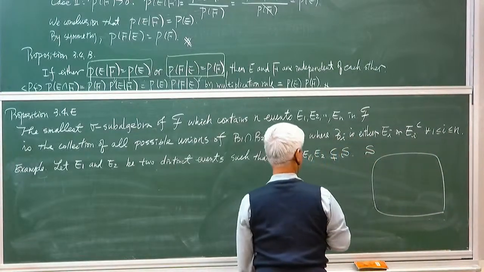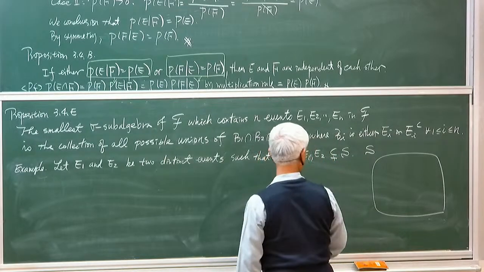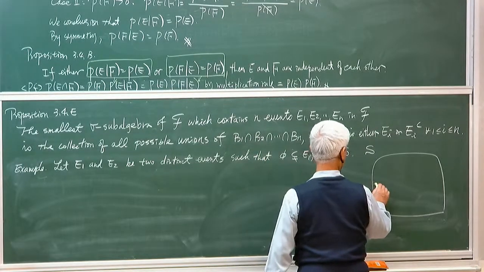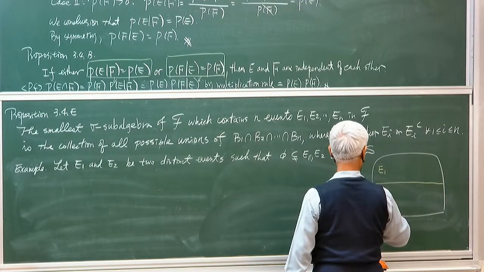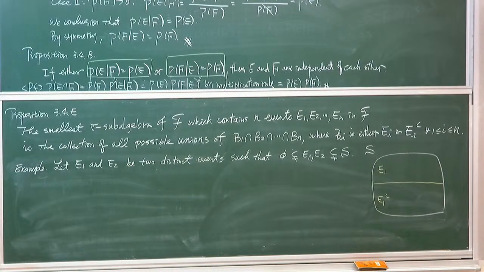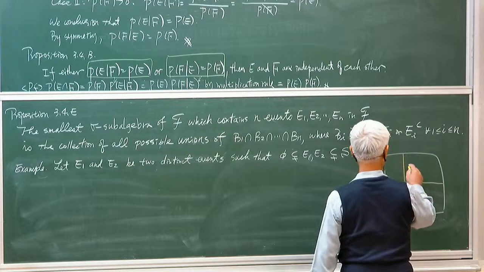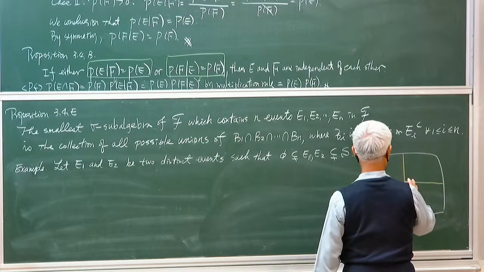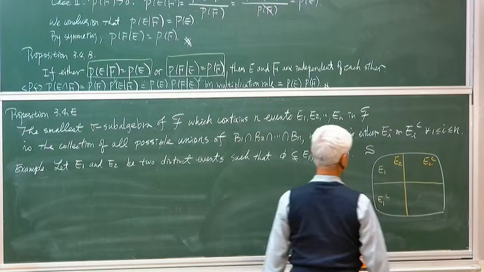This is X, the total event. Here this is E1 and E1 complement, and here we have E2 and E2 complement.